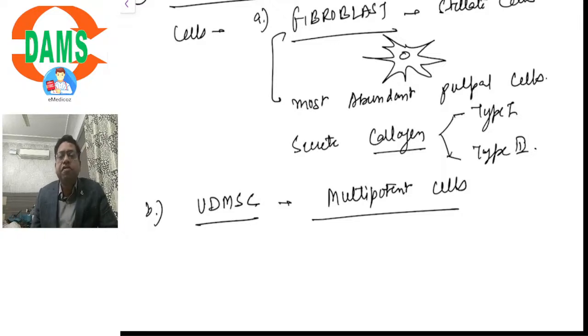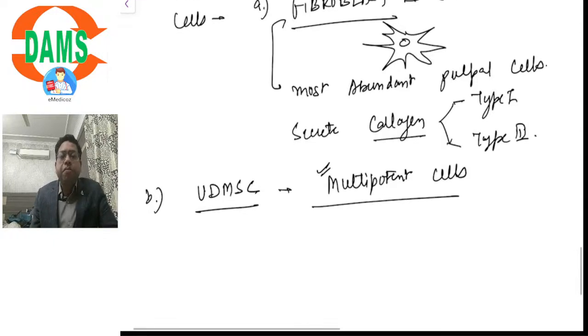Then next in the differentiation potential are the pluripotent cells. Means they can form almost all cells of the body, but they do not form the specialized membranes like placenta. Then lesser differentiating cells are multipotent cells, which are present in the dental pulp. These multipotent cells can give rise to a specific type of cells.